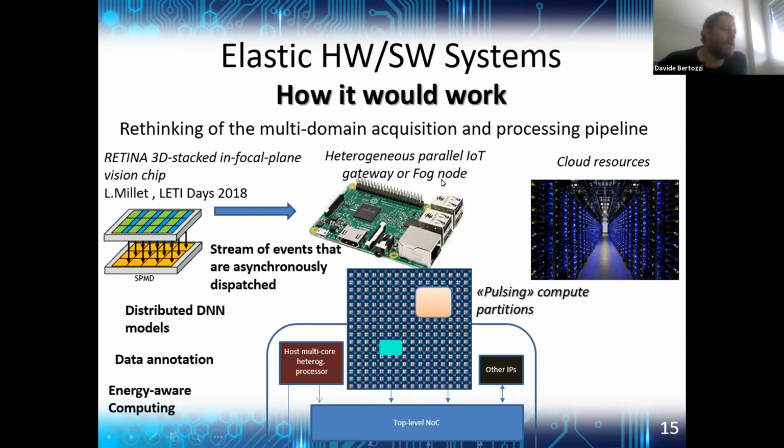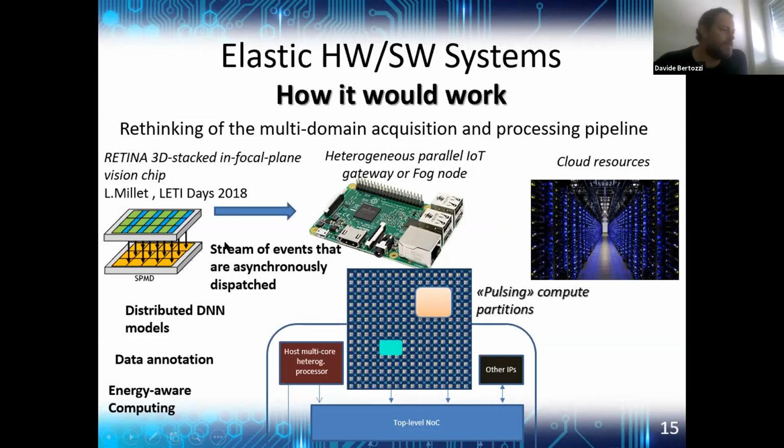Then, moving up the hierarchy, you have a heterogeneous parallel IoT gateway or fog node, and finally you have cloud resources. And this is a zoom into a many-core accelerator in the IoT gateway.